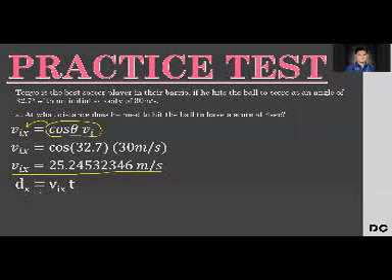So dx is equal to v_ix times time. So you substitute cosine theta times v_i to the v_ix on the dx. So just simply substitute.